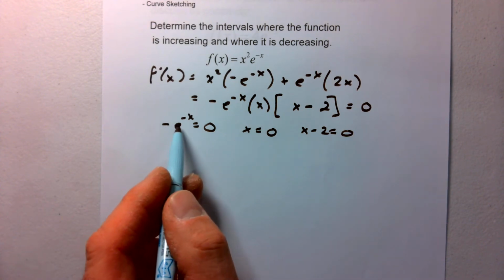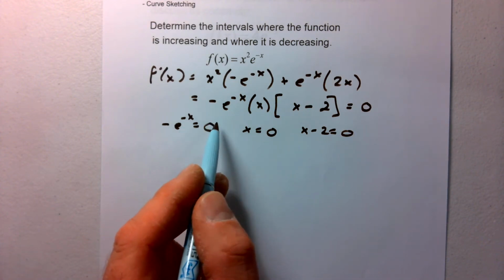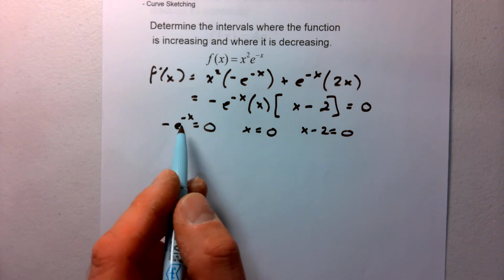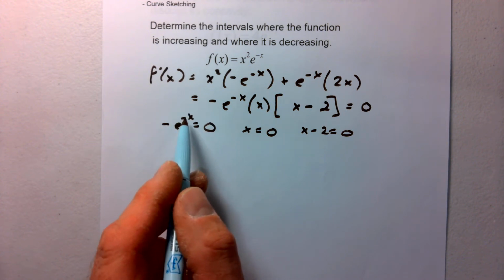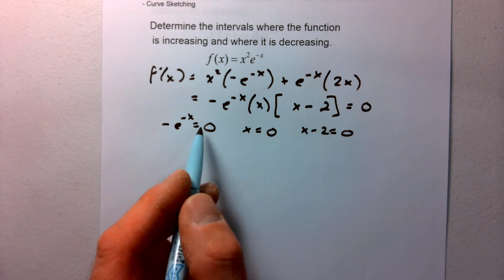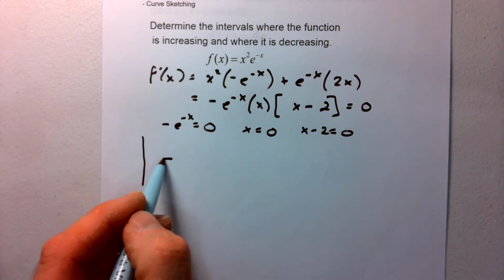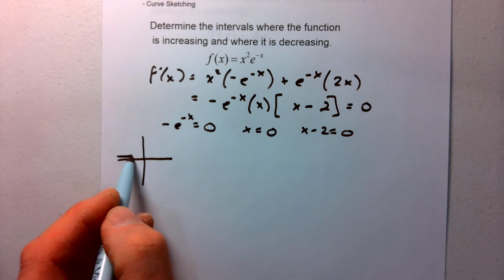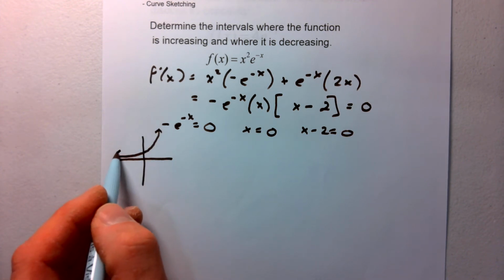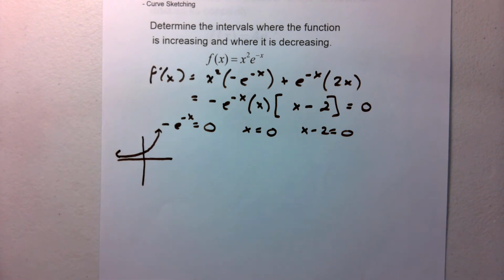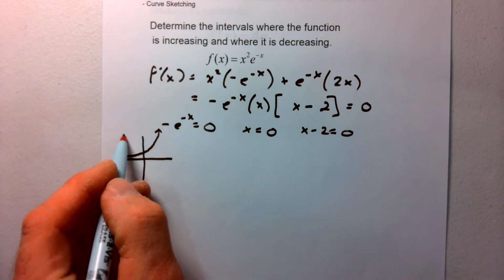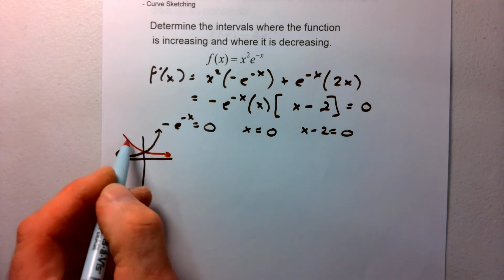If I think about negative e to the negative x equaling 0, that can't happen. E to an exponent will never equal 0. If you think about the graph of e to the x, recall, it looks something like this. E to the negative x will look something like this.